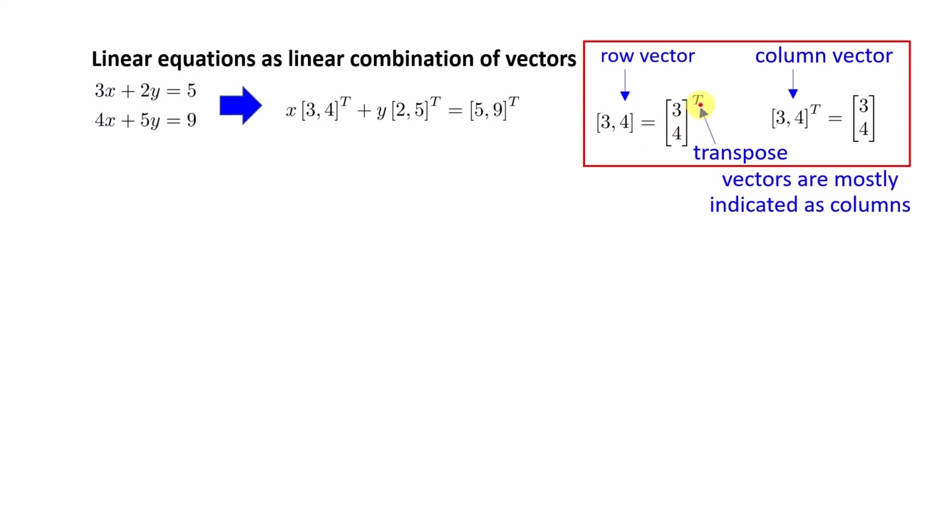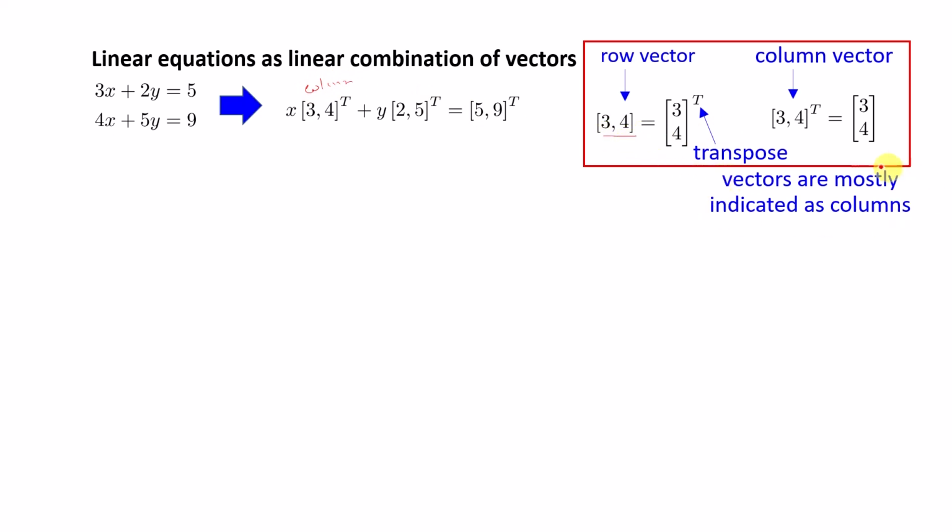Here this T is a symbol we call transpose. Writing the vector 3, 4 without this T is what we call a row vector. If I write 3, 4 like a column, we call that a column vector. The transpose of a row vector is a column vector, so (3, 4) transpose is a column vector, and 3, 4 here is a row vector.